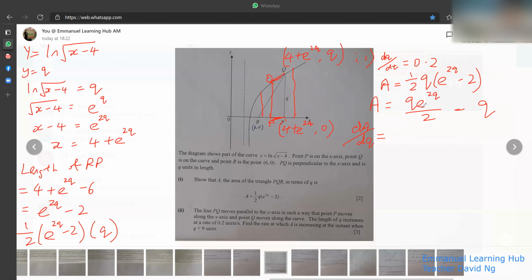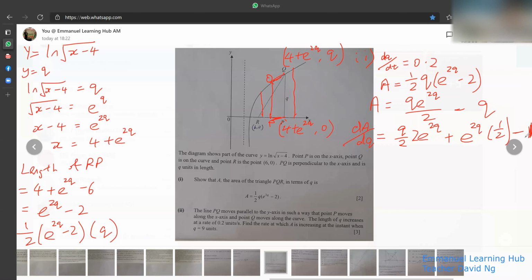You will get Q over 2 times 2e to the power of 2Q plus e to the power of 2Q and half, then minus 1.